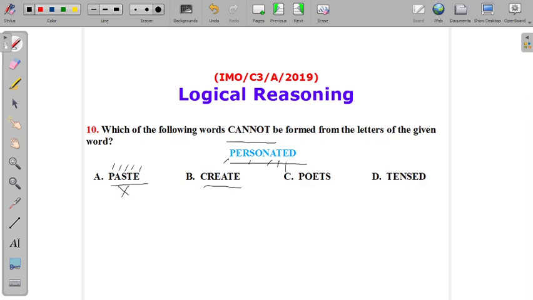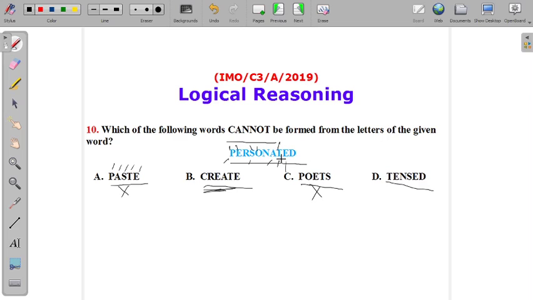Come here. The next option is given: create. C is not available here. So there is a possibility that this could be the answer. Come to the next. Poets, P-O-E-T-S. P is available, O available, E available, T available, S available. So this is not the answer.